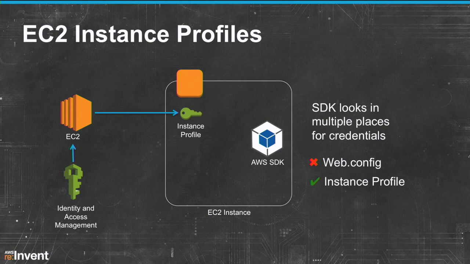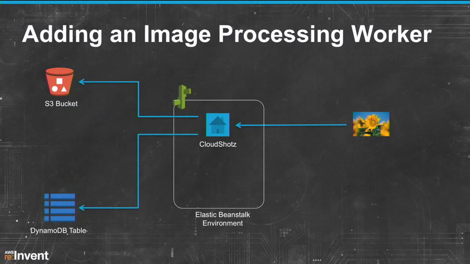Okay, here's my idea. So the way our application currently works right now is when we upload an image, we put the image data in an S3 bucket, and we put the image metadata and other associated data in the DynamoDB table. Let's add a third step. Let's put a message on a queue that we create with the Simple Queue Service. And that message is going to be the hash key and range key of our image in the image metadata table.